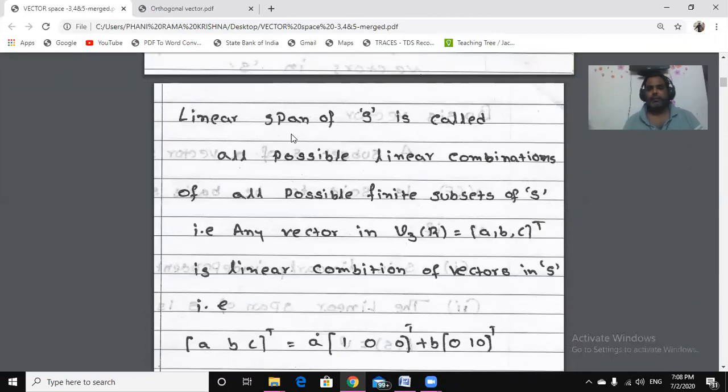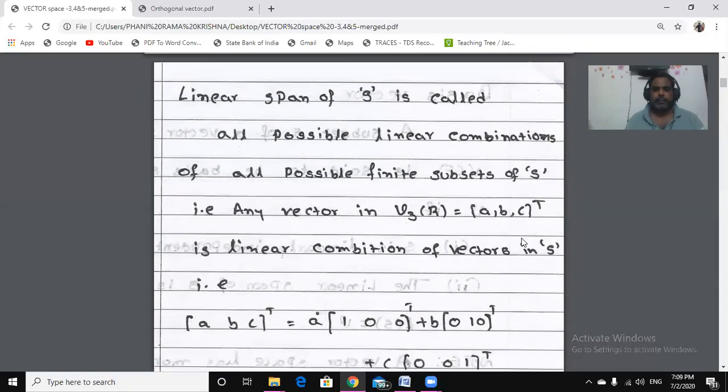Look at the linear span, the first condition: all possible linear combinations of finite subsets of S. For example, take any vector in the vector space as (a, b, c).